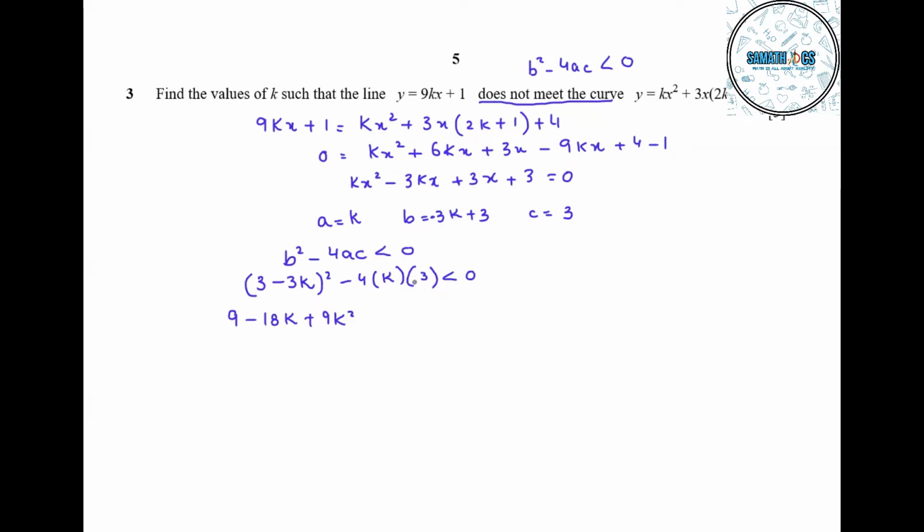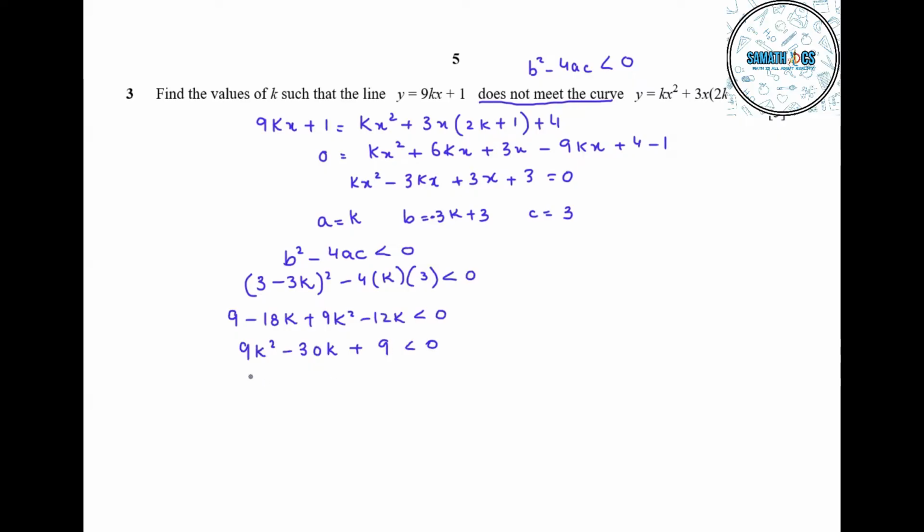Minus 4 into k into 3 would be minus 12k, which is less than 0. So we can rearrange as well as simplify. Minus 12k and minus 18k will be minus 30k plus 9.